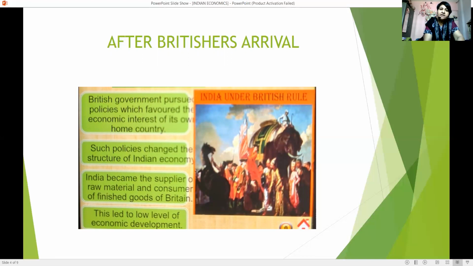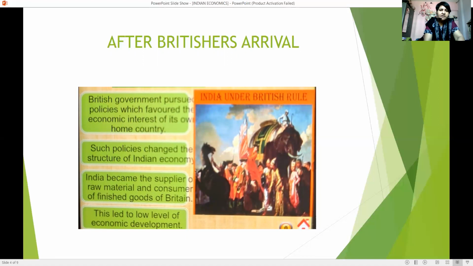How did it change the Indian economic structure? As I said earlier, India was very good in agriculture as well as handicrafts, artisans, etc. But later on, due to the policies framed by the Britishers, everything was ruined. The agriculture sector's conditions became very pitiable. Not only agriculture, the industrial sector was totally ruined.